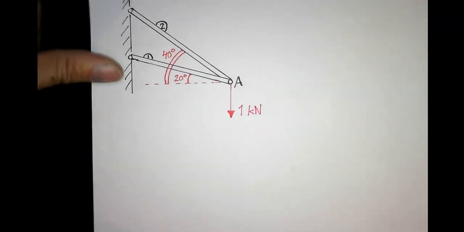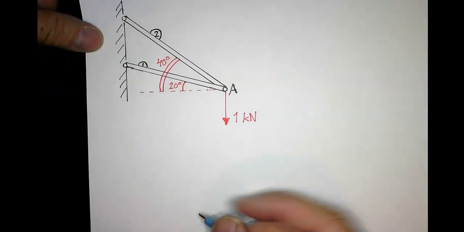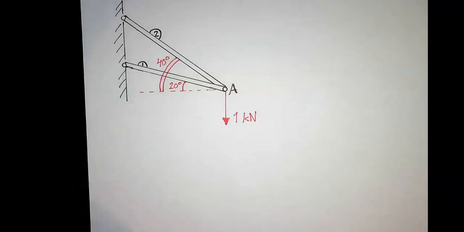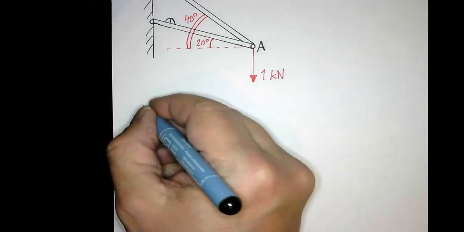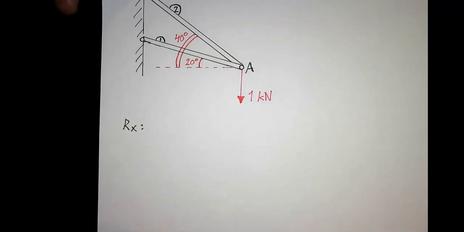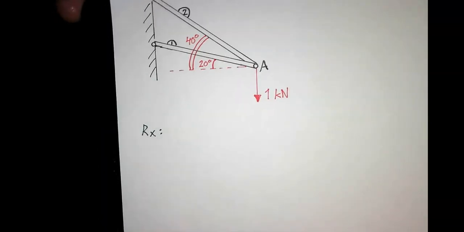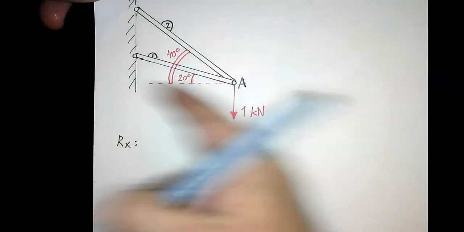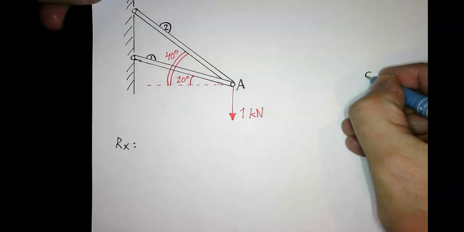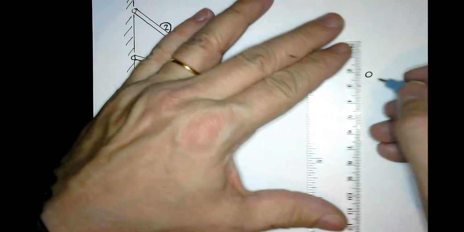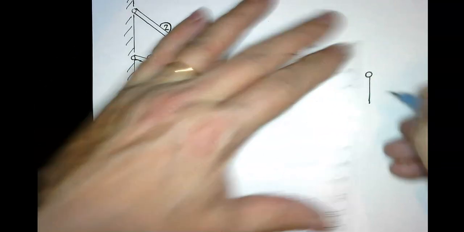And again we write equilibrium equations. First, the horizontal forces, or the x component of the resultant force. When we have this kind of situation here, I will draw a so-called free body diagram, where I will only use those forces.